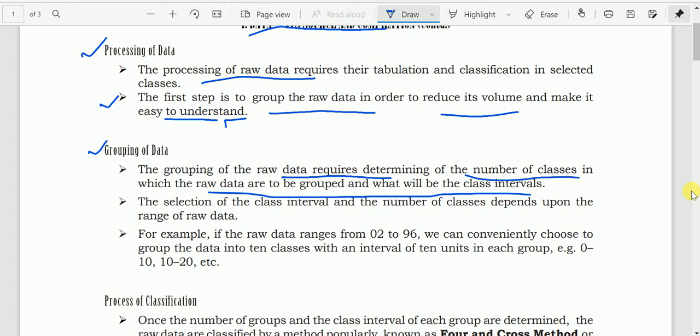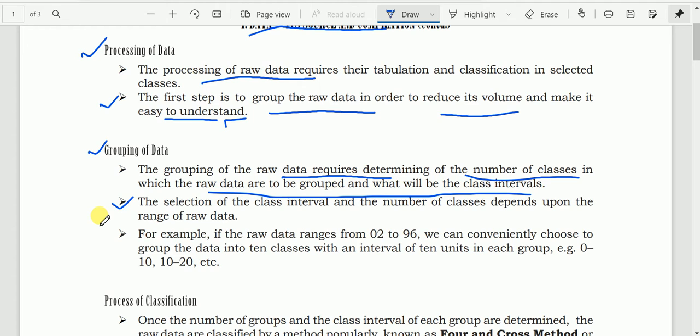So how many groups will be there and what will be the class interval? That is to be done in the case of grouping of data. Then the selection of the class interval and the number of classes depends on the range of raw data.